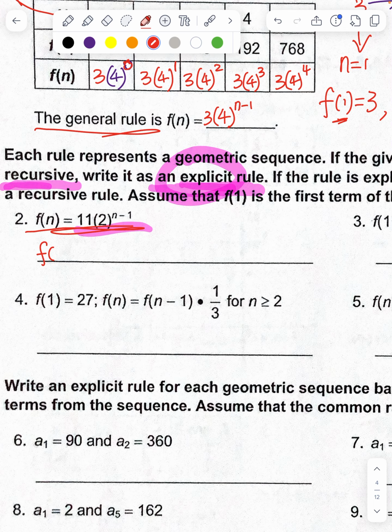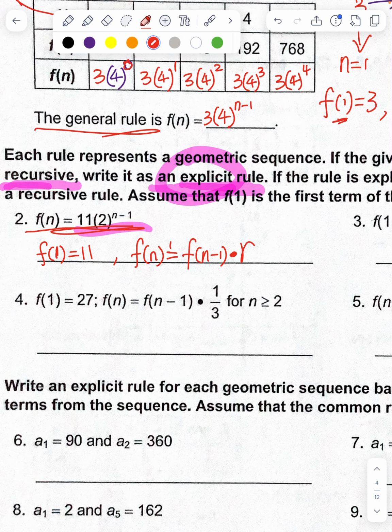The recursive rule, first term is 11. And then any term equal to the previous term. The previous term, that means the position is one less. It's before, right? Because this number is smaller than this. So this position is smaller than this position. So any term equal to the previous term and then multiply by common ratio.